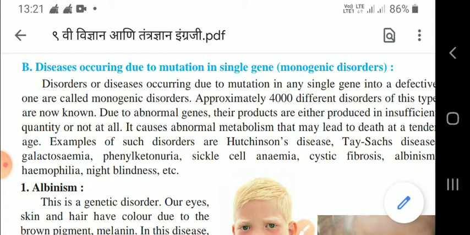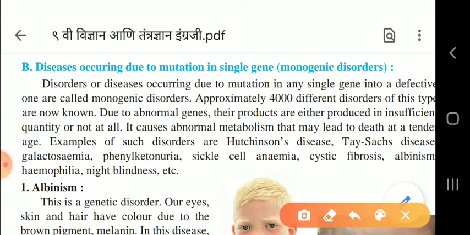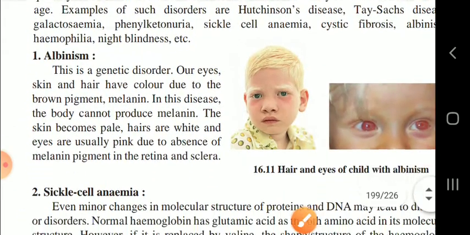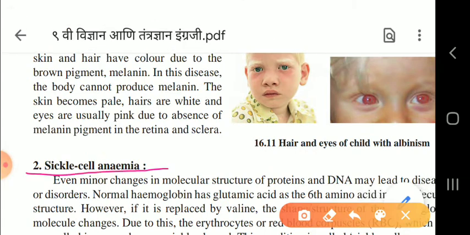Even minor changes in the molecular structure of protein and DNA may lead to a disease or disorder. So, this was albinism, and the next one is sickle cell anemia. Here you have to note down the important point that even minor changes in molecular structure of protein and DNA may lead to disease or disorder.